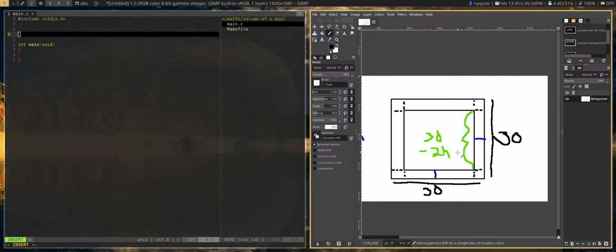What dimensions will produce a box with the maximum volume? So that's what we're going for, trying to find the maximum volume.